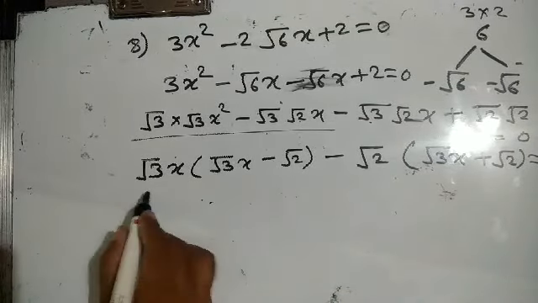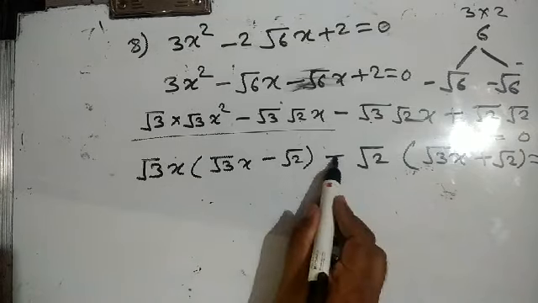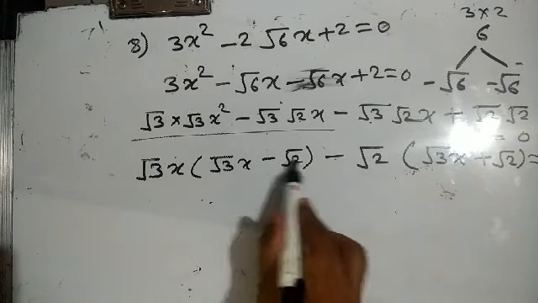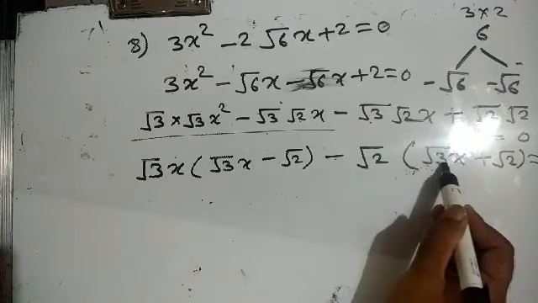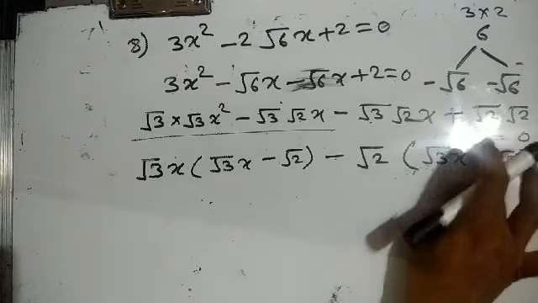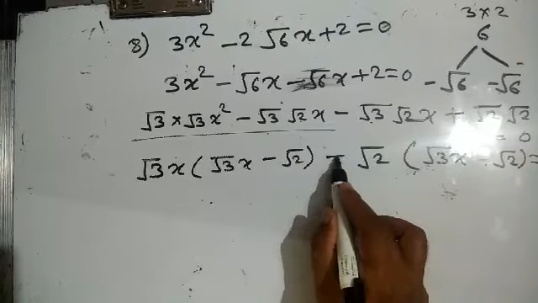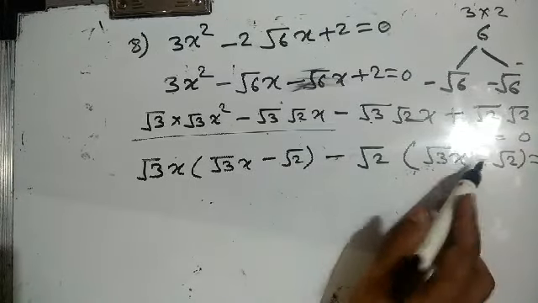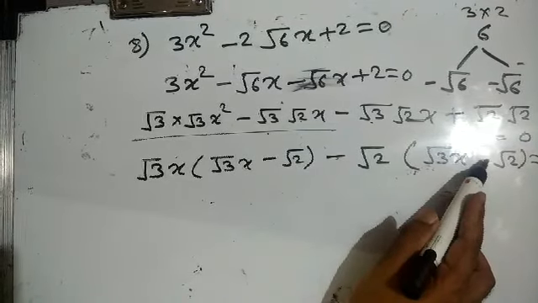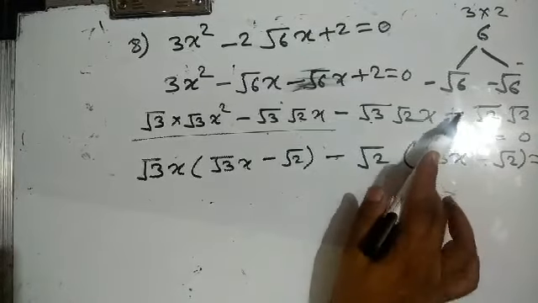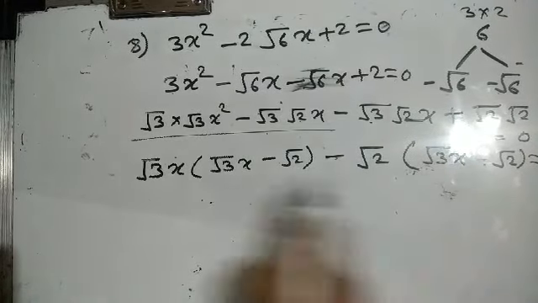Then here there is a minus sign on the left hand side, √3x minus √2, and on the right side √3x. Here there is a minus sign because minus is outside the bracket. Therefore in the bracket, the opposite sign of the previous statement, that is minus here.